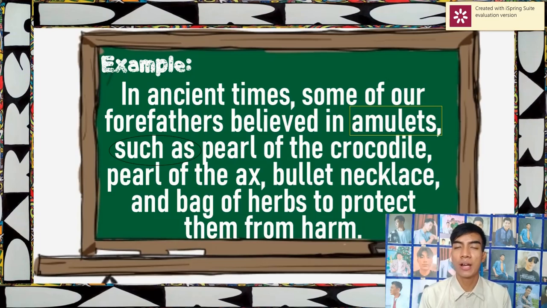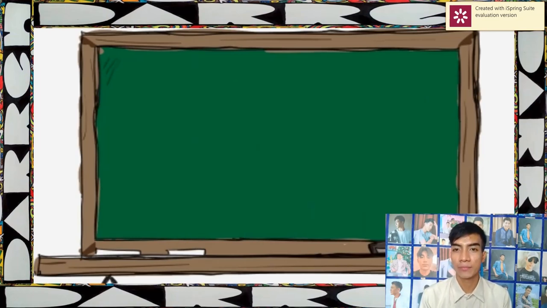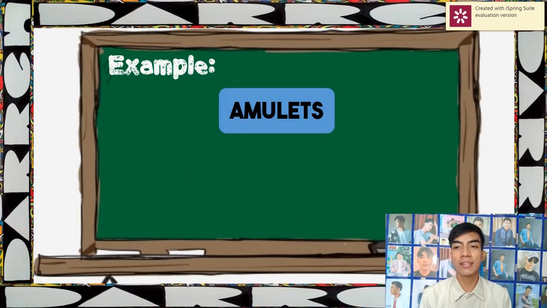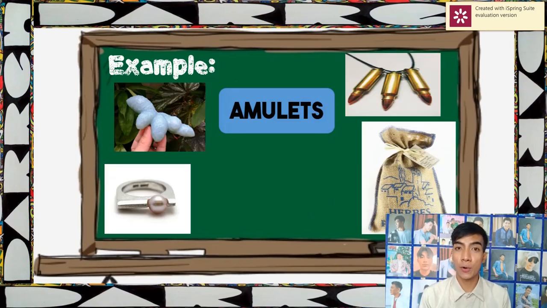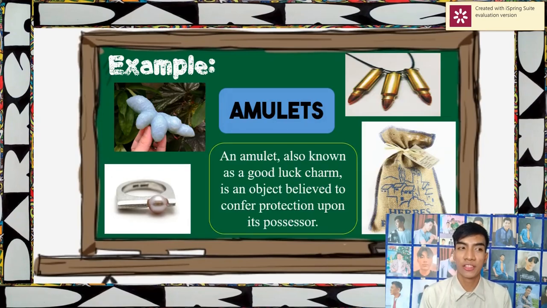We have pearl of the crocodile, pearl of the axe, bullet necklace, and a bag of herbs as an example of amulets. From our background knowledge, these things are called anting-anting. Thus, we could now conclude that the term means charms that have magic to them that protect the wearer or its possessor. That's our first example.